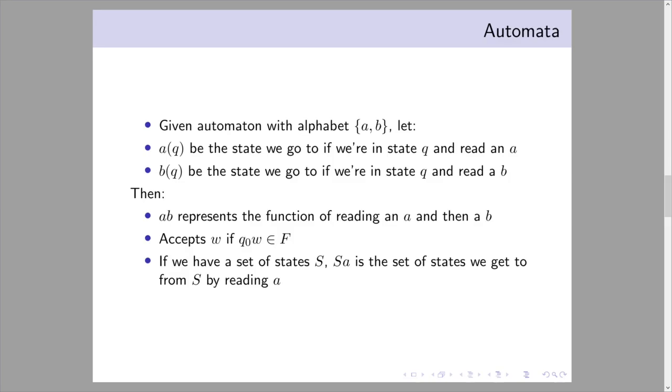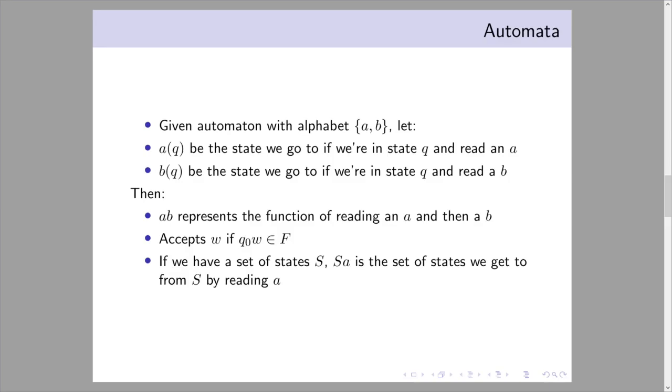In this case, our function notation tells us that AB represents the function of reading an A and then reading a B. In other words, reading the string AB. So we can interpret any word as a function composition describing the behavior of reading that word into the automaton. And so we can very easily talk about, for instance, acceptance.